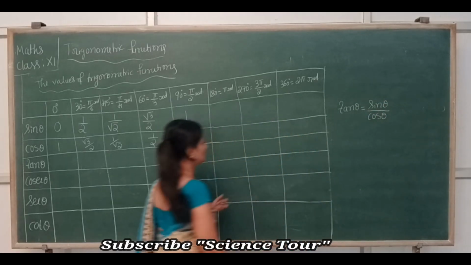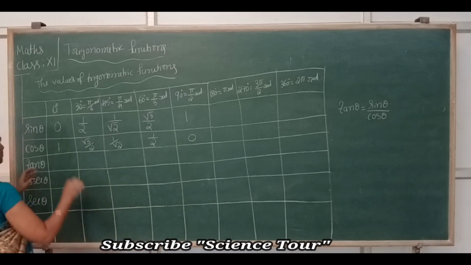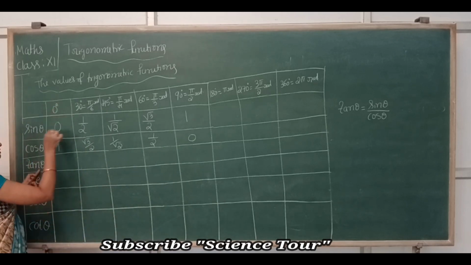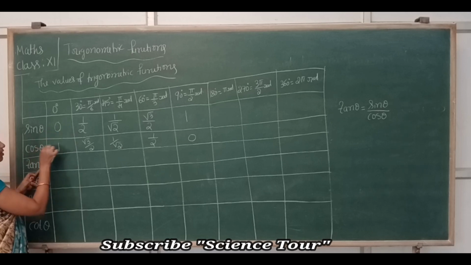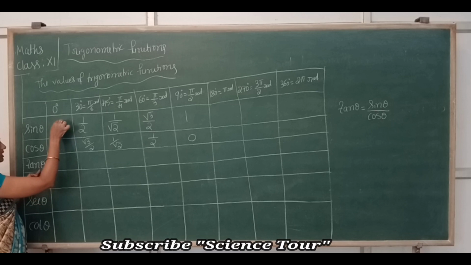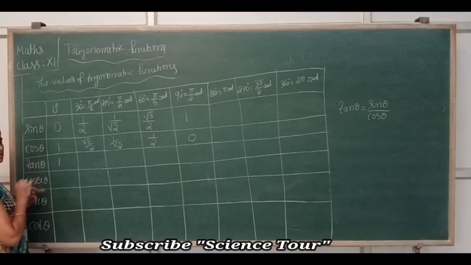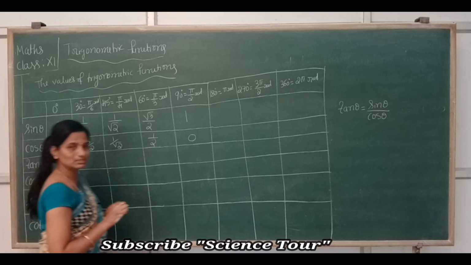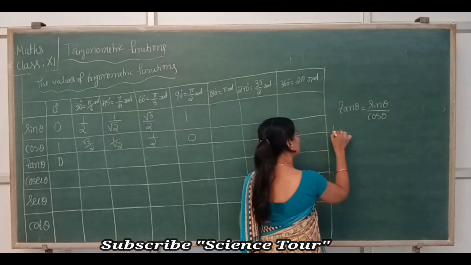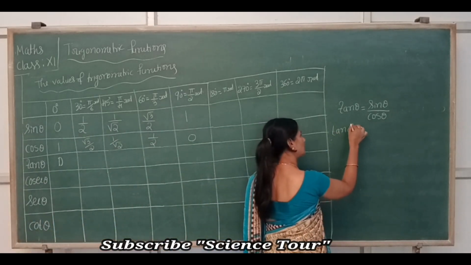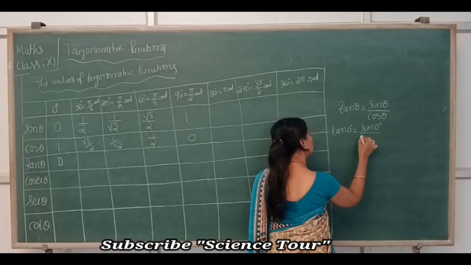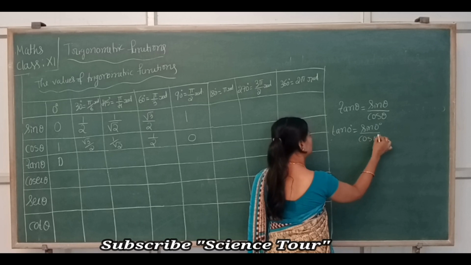So now first we will see what is your tan 0. So tan 0 I need. Tan 0 is what? Sine 0 value divided by cos 0 value. So 0 divided by 1 is how much here? It is 0. See here, I need tan 0 degree. Means it is sine 0 degree divided by cos 0 degree.